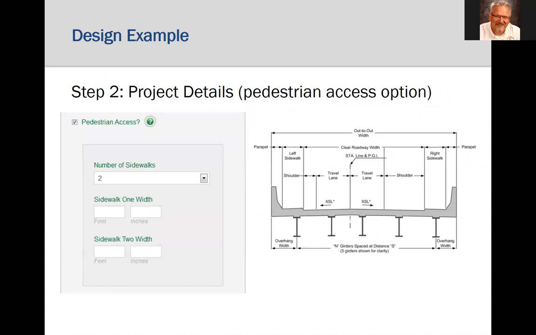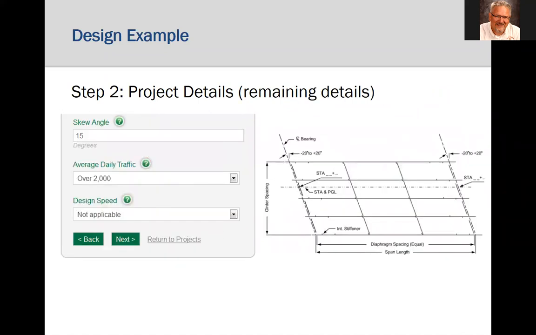Next, we add sidewalks on there if there are any. Then we describe the skew, which is limited to a maximum of, I believe, 20 degrees. The daily traffic for fatigue checks, and the design speed. And with those simple inputs, you are now ready to view the solutions.